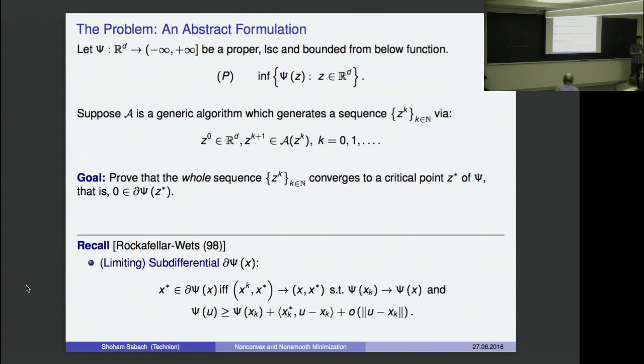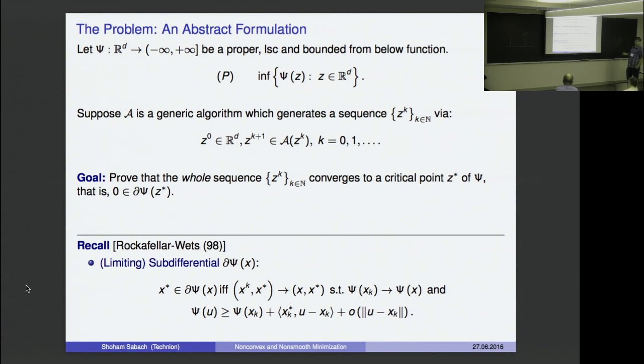Whenever I say subdifferential in the talk, I mean the limiting subdifferential. Of course, if the function is convex, then both coincide and you get the classical subdifferential that Patrick showed this morning. So, as I promised, I will show a general framework for answering this question.